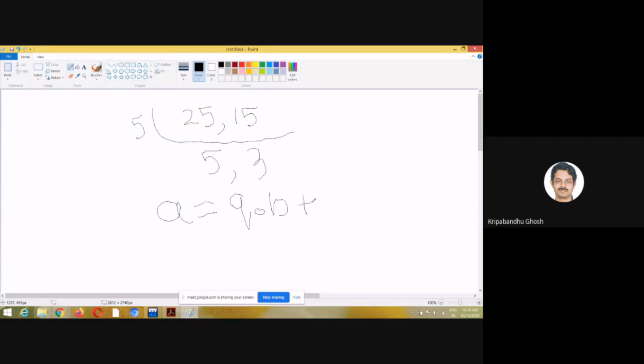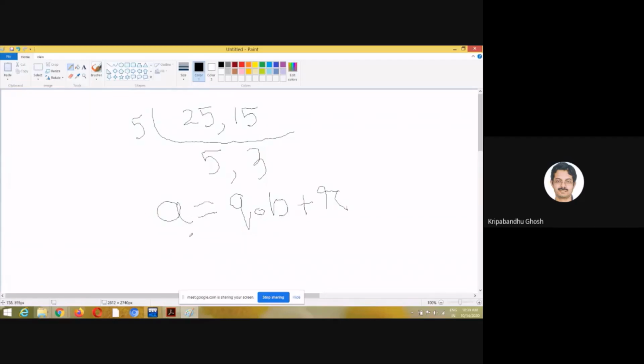R has to be less than B, and R is greater than or equal to 0. So I'm dividing A by B.